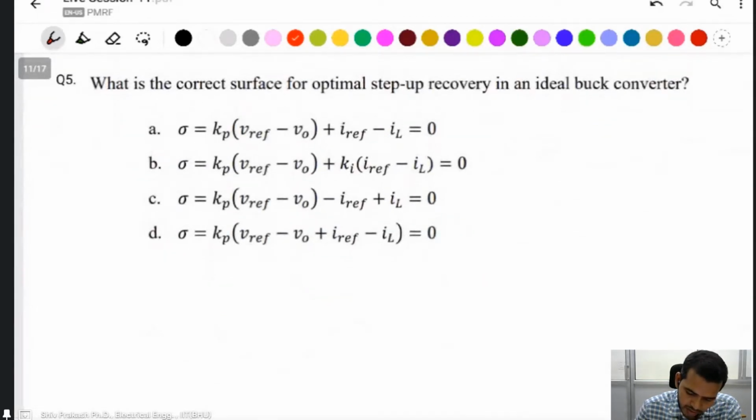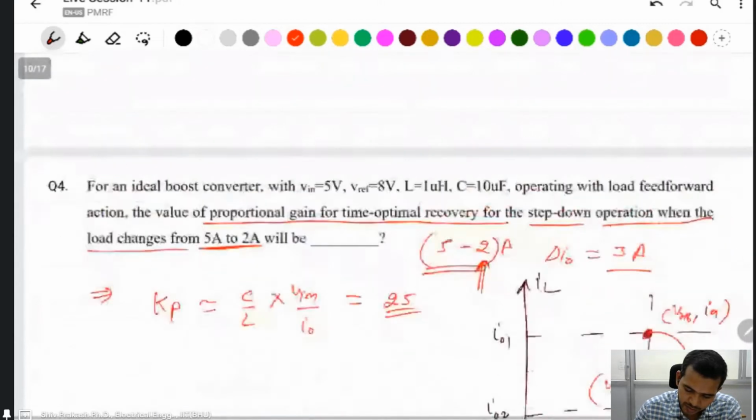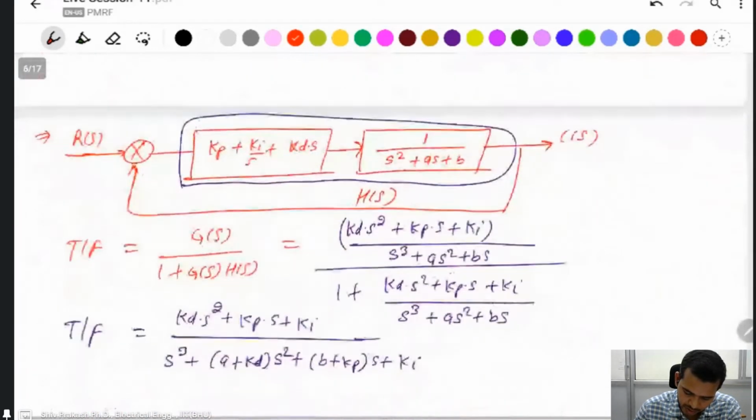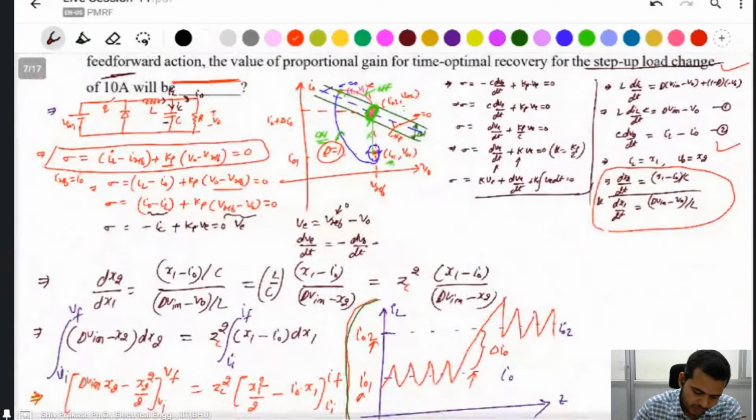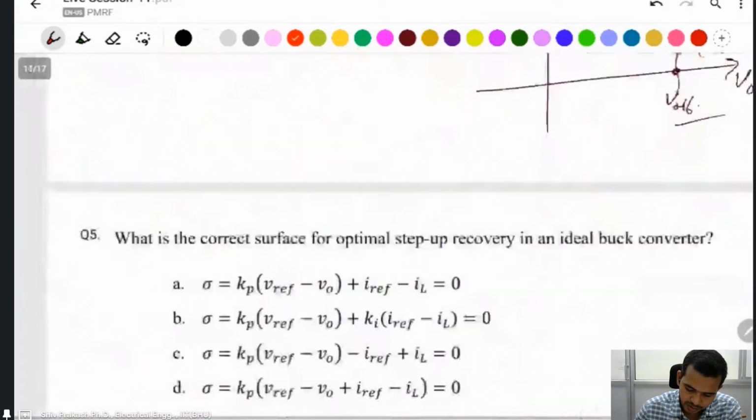What is the correct surface for optimal step recovery in an ideal buck converter? This one I have written here: IL minus I reference, V naught minus V reference, Kp.